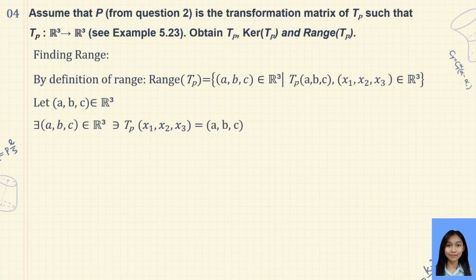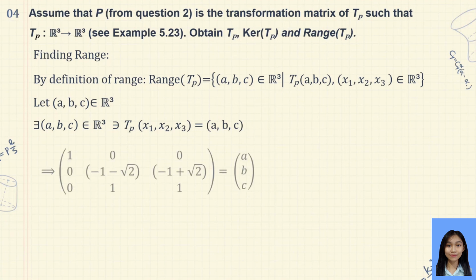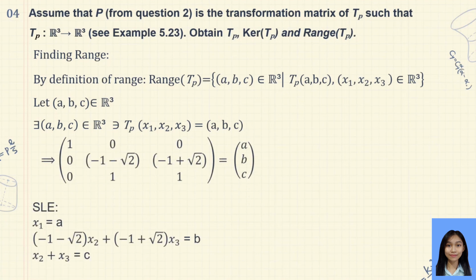There exists (x1, x2, x3) in Euclidean space such that T_P(x1, x2, x3) is (a, b, c). From this, we can get the system of linear equations: x1 equals a, (-1 - √2)x2 plus (-1 + √2)x3 equals b, x2 plus x3 equals c.